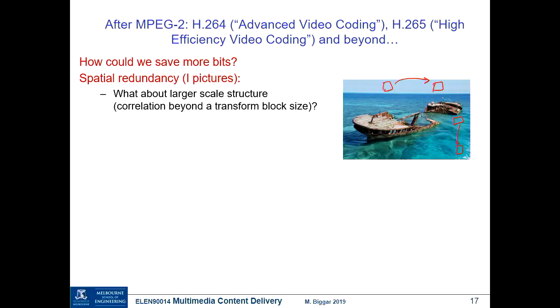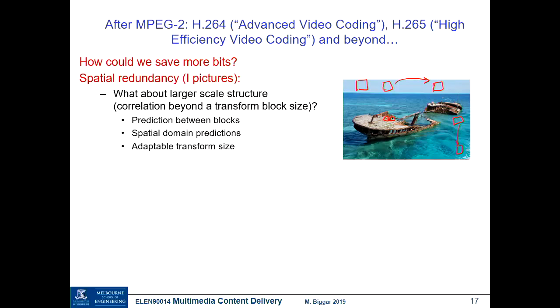And what about larger scale structure, larger than 8 by 8? Just looking at this picture again as an example, why haven't we got a transform size like that up there, but very small blocks down here? That was one of the approaches that was included in both of these systems, and it's just a matter of extent.